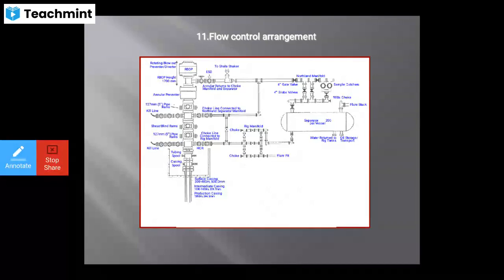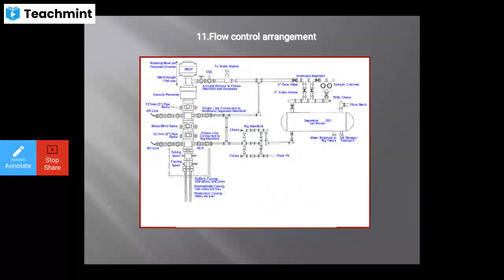Annular return goes to the choke manifolds and to the separator. Then the choke line is connected to the other line, the separator manifold. And you can see the rig manifold on the right hand side, to the flare pit and choke. And the choke line is connected to the rig manifold.